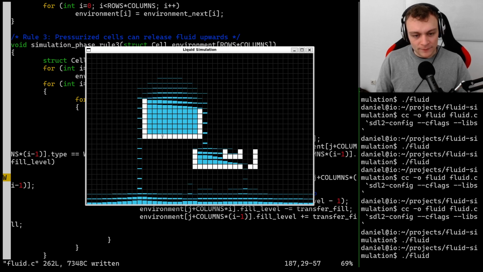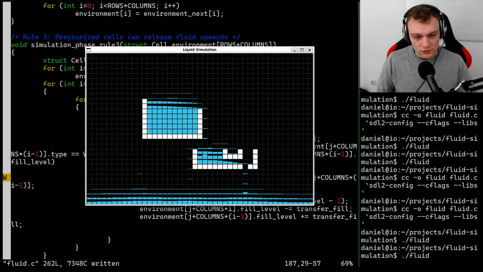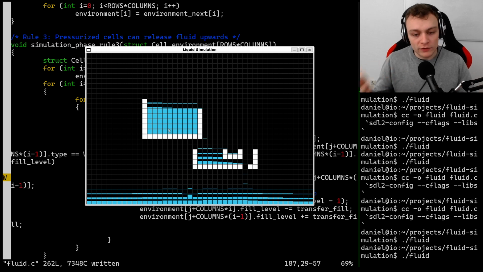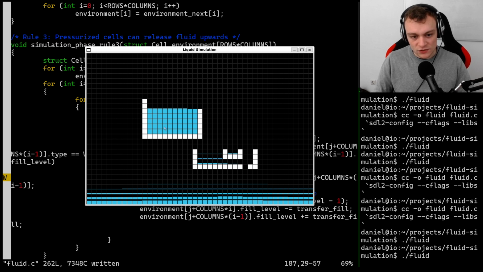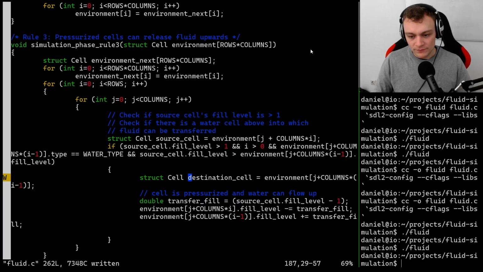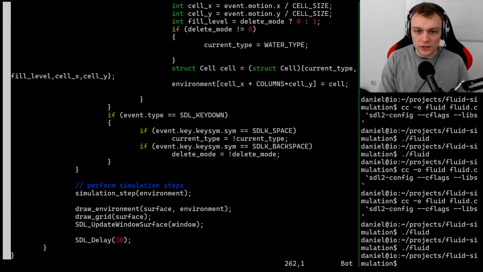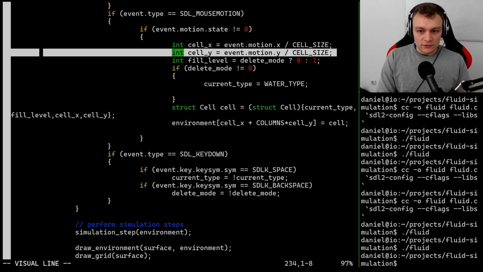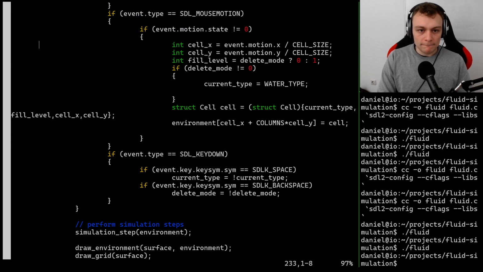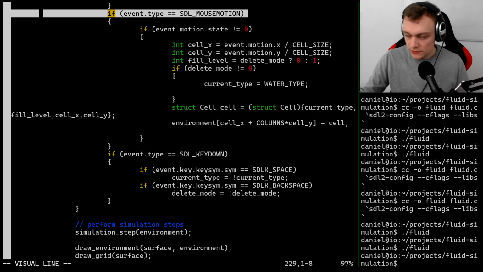The only thing that is still apparent to me is that when I try to draw into a cell that is already full, it does not overpressurize, because we draw cells and just set the fill state to 1. We could actually build up the pressure if I click with the mouse into a cell that is already filled. Let's see. Can we do that? So we create a fill level here. So that is the mouse handling right here.